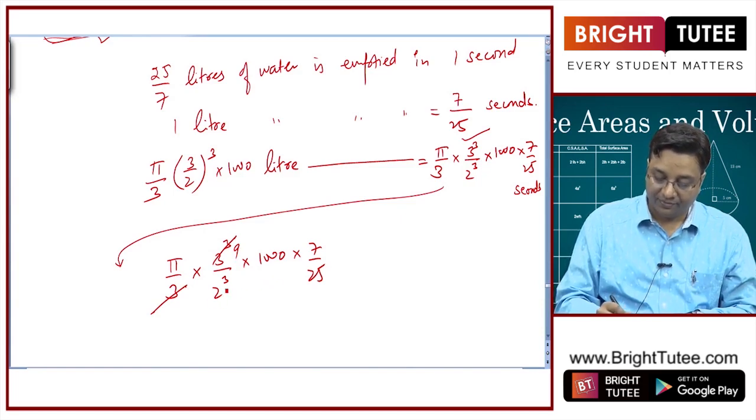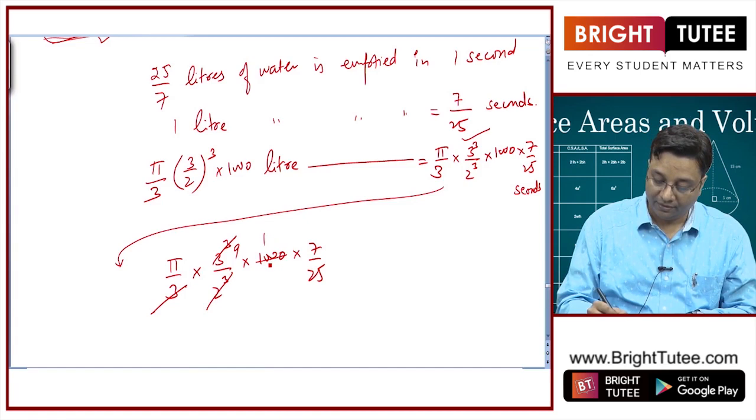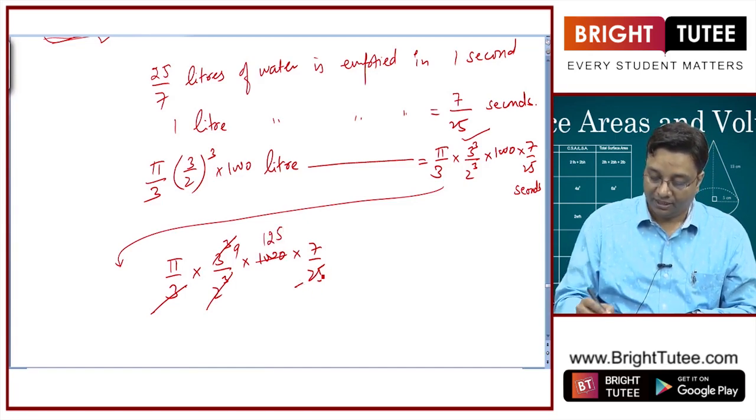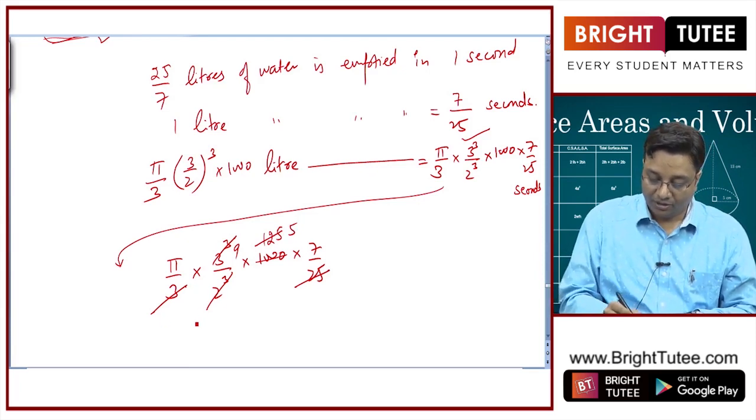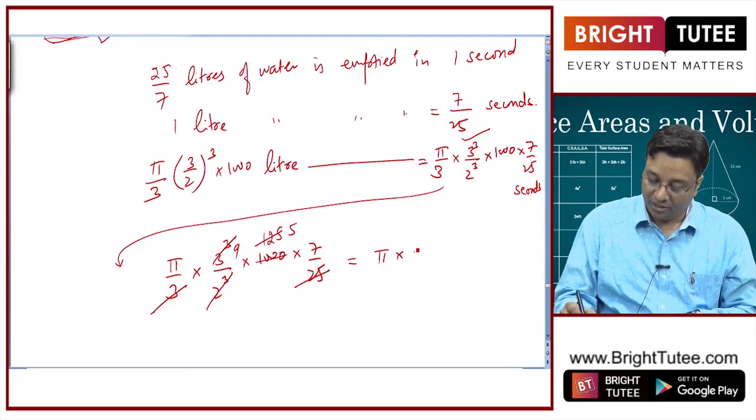And this is 2 cubed, which is 8, right? So 1, 2, 5, and this will give you 5 here. So this is equal to pi into 9 into 5 into 7.